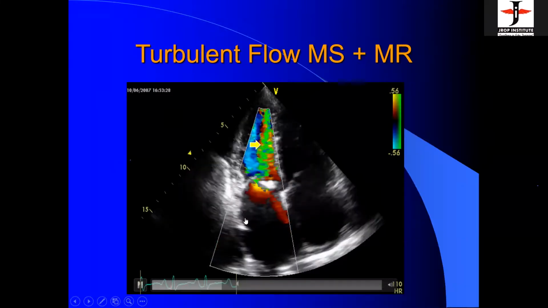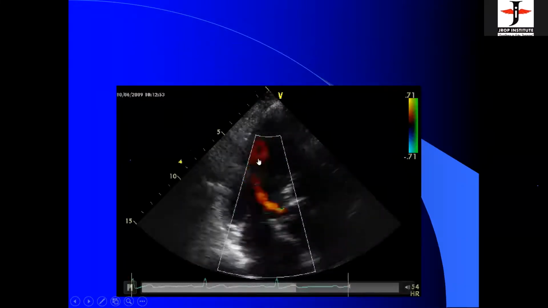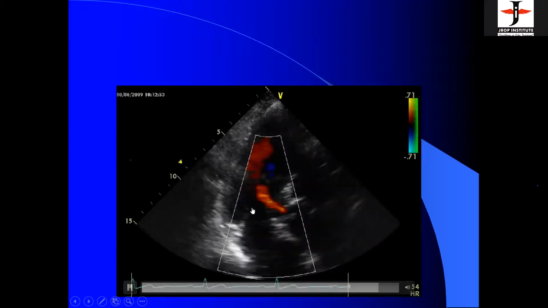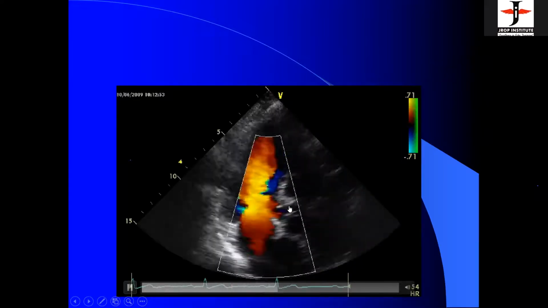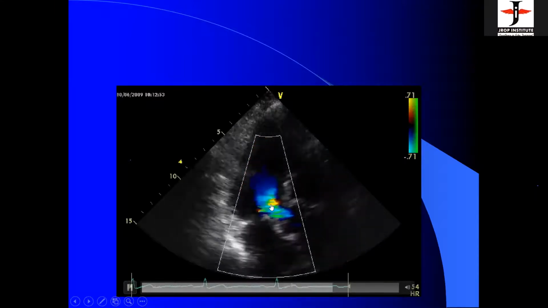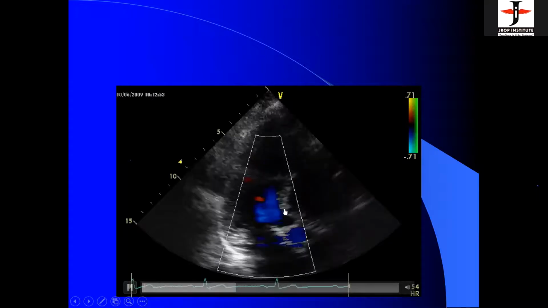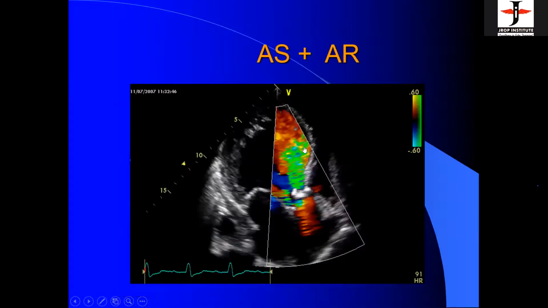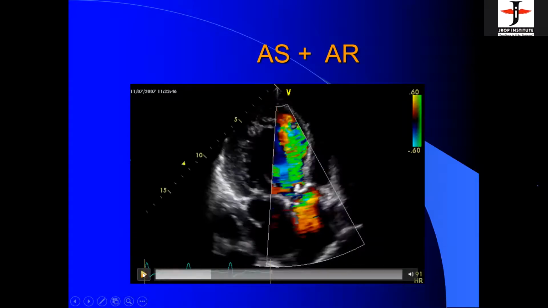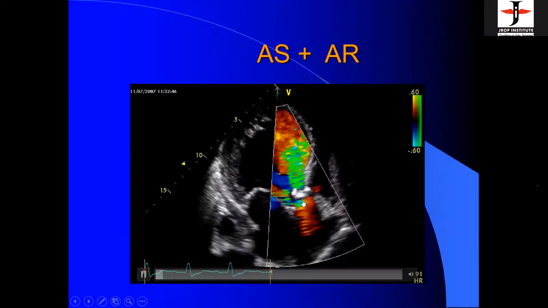Similarly, the same circle I have shown you repeatedly. This is the flow towards the transducer as a uniform red, and this is a very smooth blue flow towards the aorta. But in the same view, you see, I put a marker, and now you see, this is the aorta.